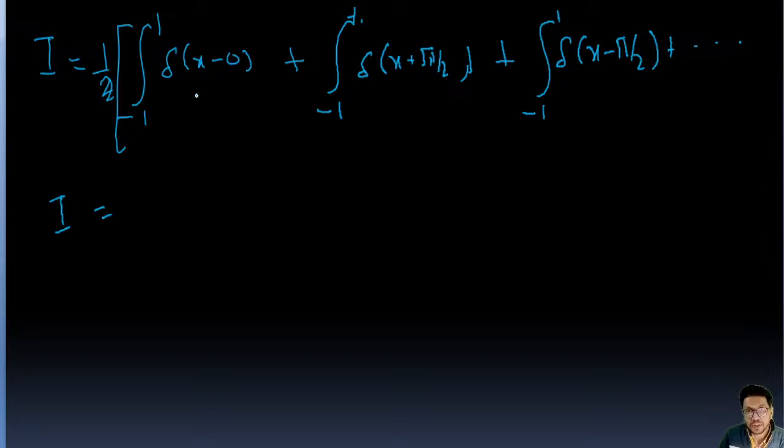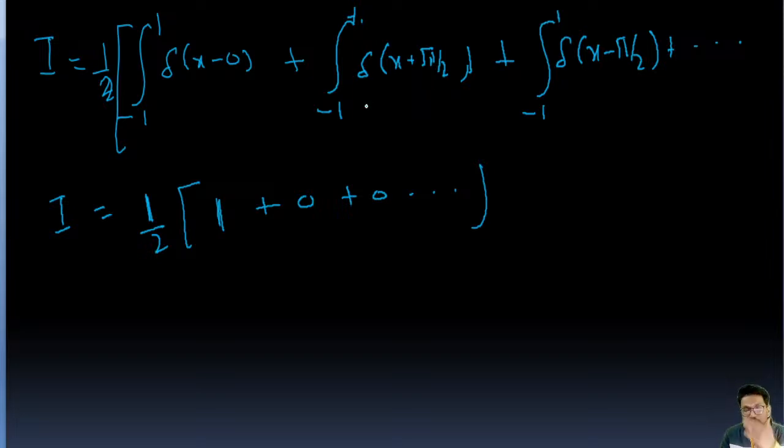Now we can see that the value of 0 lies between these limits, right? And is there any other thing we are missing? No. So this value is going to be 1/2 into 1, and these values are going to be 0 because x minus π/2, that is, π/2 or minus π/2 doesn't come between minus 1 to plus 1.